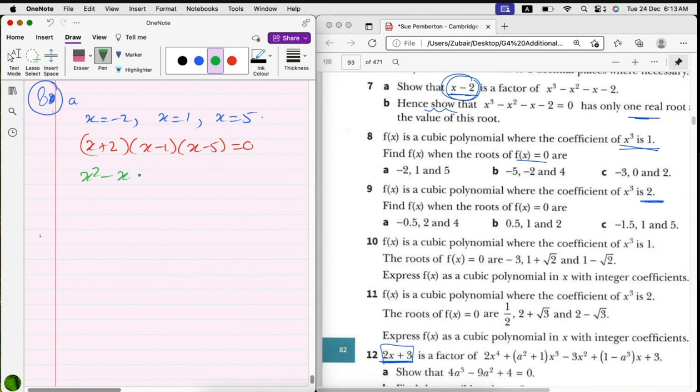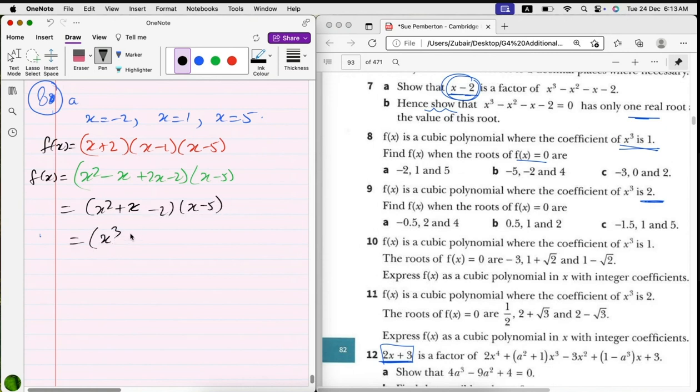Yeah. Or we don't just write this and write f of x. This is it.